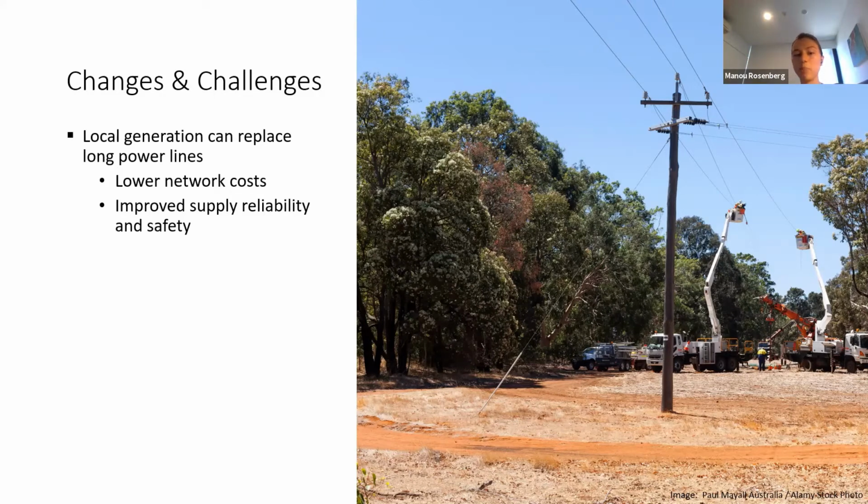There are roughly 1 million consumers in this network, spanning over 250 square kilometers, and we have around 100,000 kilometers of power lines in this system. According to Western Power, 50% of the average electricity bill comes from network and infrastructure costs.